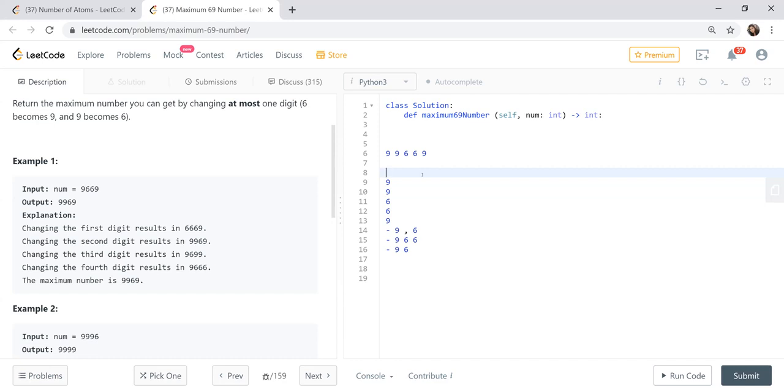So that way we can travel from left to right. I'm not sure actually. So for example, you use the math log for this number and you find that, okay, this number has 5 digits.